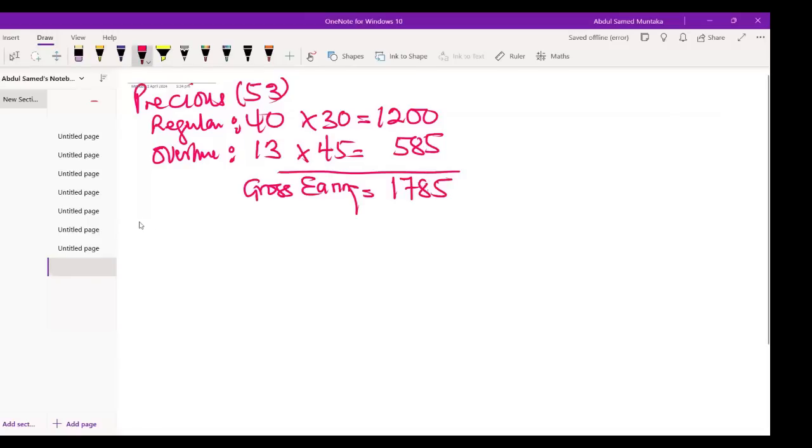Now let's come to regular tax. Remember that her regular earning is 1,200, but she is given some tax allowances.